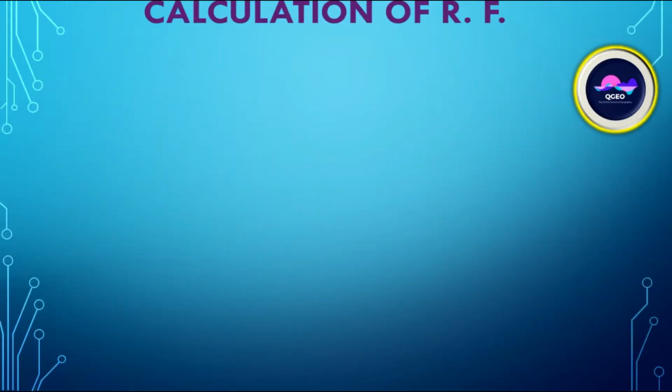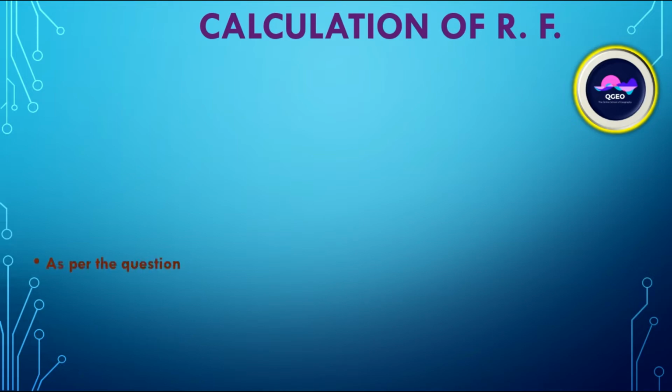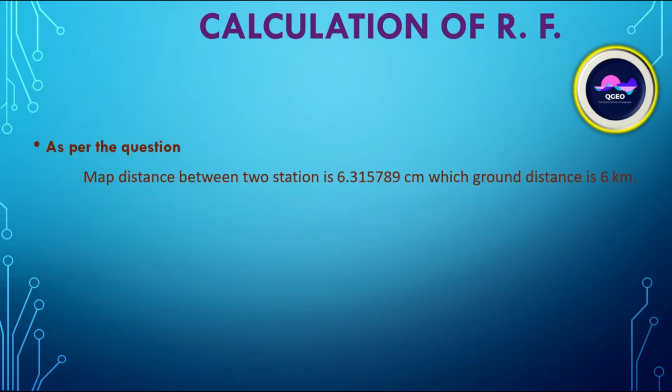Here the calculation of RF. As per the question, we know the map distance between two stations is 6.315789 centimeter, while the ground distance is 6 kilometer. Okay, so we can say 1 centimeter is equal to 95000 centimeter, because 6 into 10 to the power 5 divided by 6.315789 centimeter.